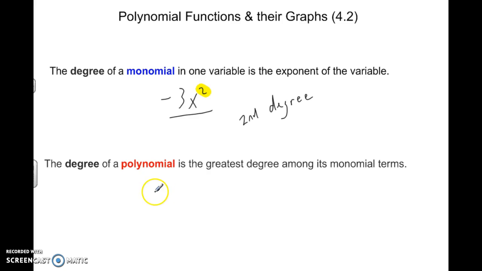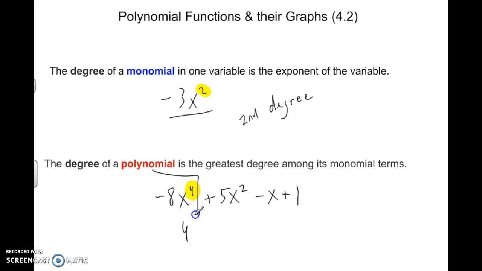If you have a polynomial like negative 8x to the fourth plus 5x squared minus x plus 1, that's a polynomial. It has 4 terms in this case, and this would be a fourth degree polynomial.